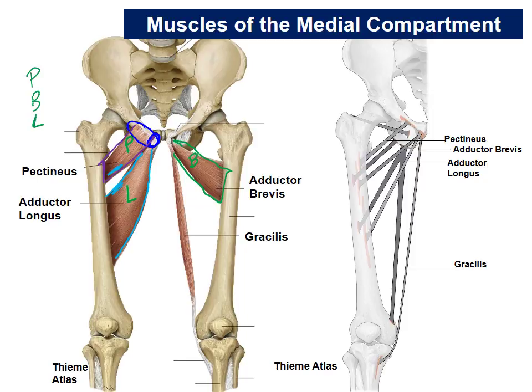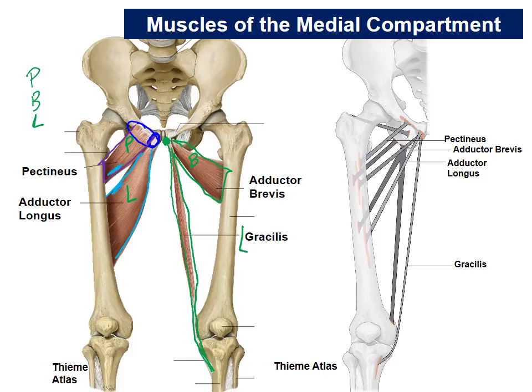Okay. And then, of course, here we see it most medially, again, coming off this far medial edge of the pubic bone. We have the gracilis extending down and inserting all the way down onto the tibia. So, which medial compartment muscle can act at the knee?